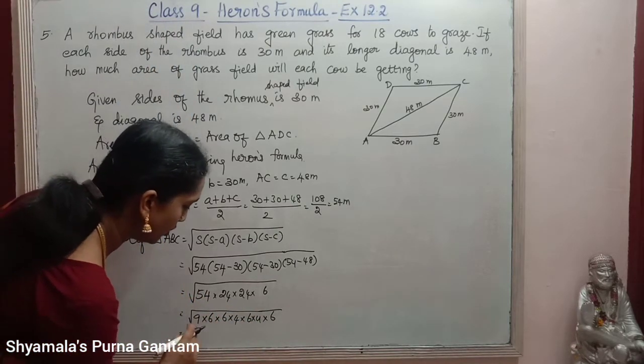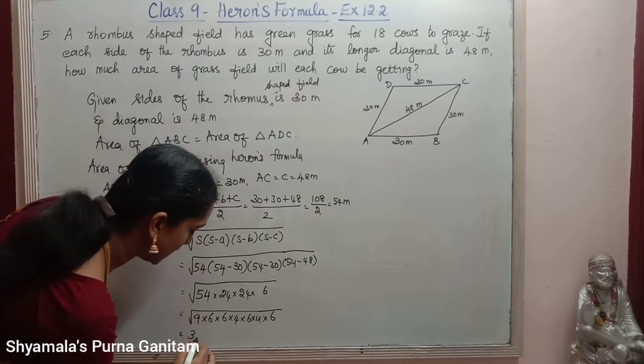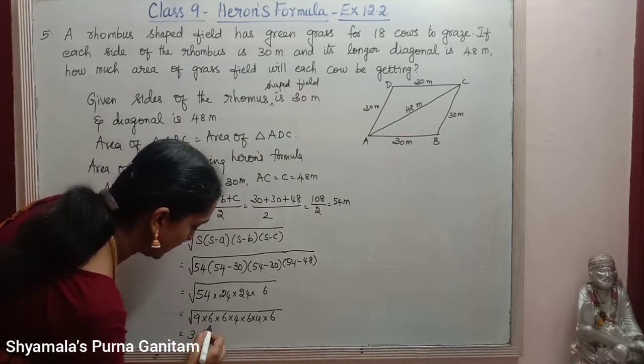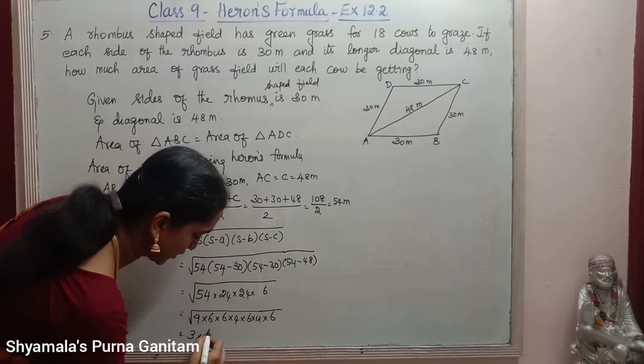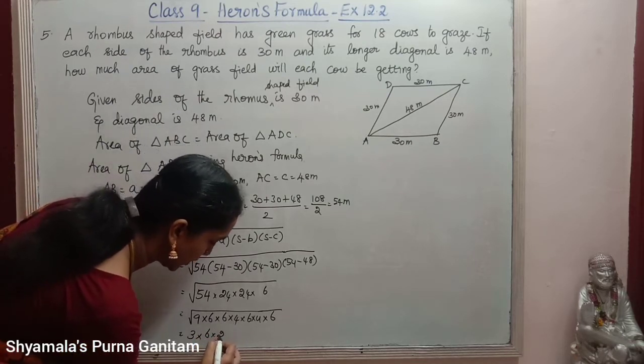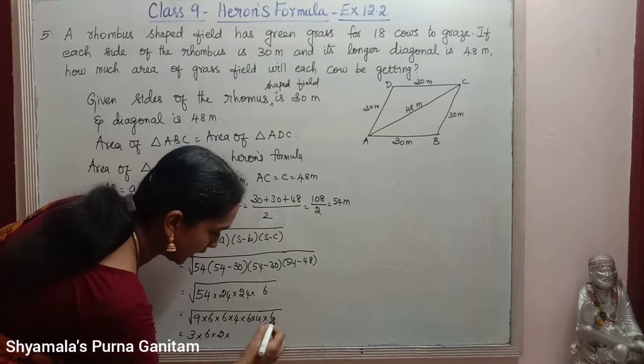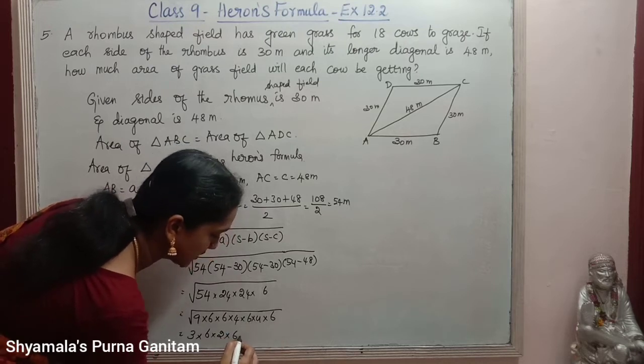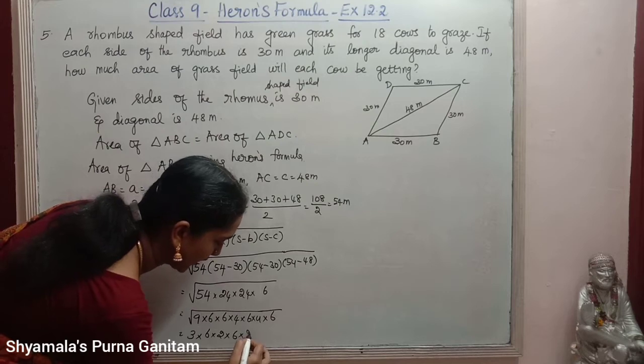Now root 9 value is 3. For the two 6s there, we write one 6. Then root 4 is 2. Again two more 6s there, for that we write one 6, and then root 4 value is 2.